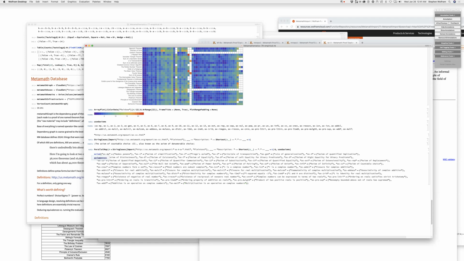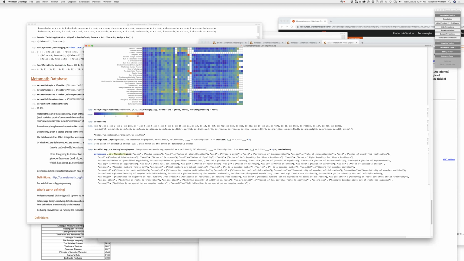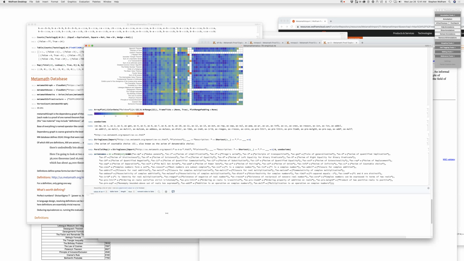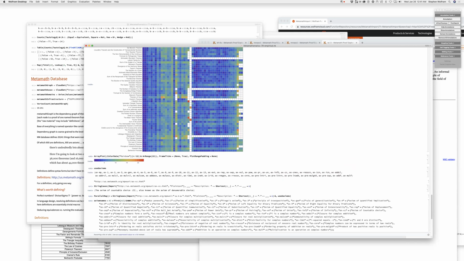And say axiom names equals #1 arrow first of #2 ampersand triple at this. Okay, so then we want to say, actually, we might as well just do this as an association.